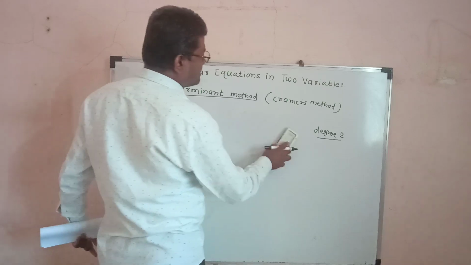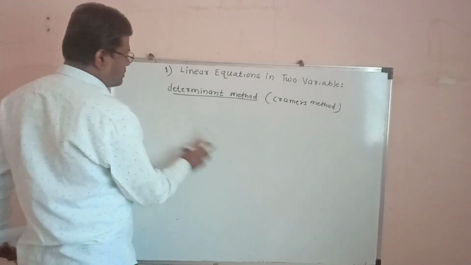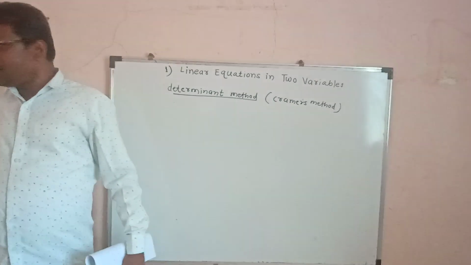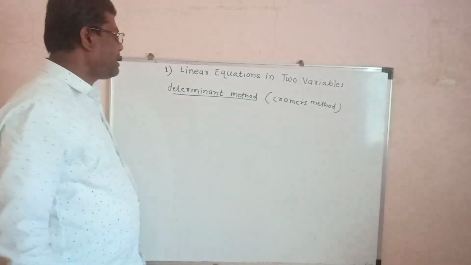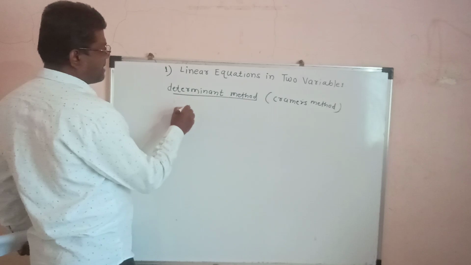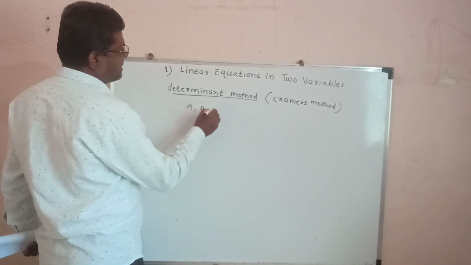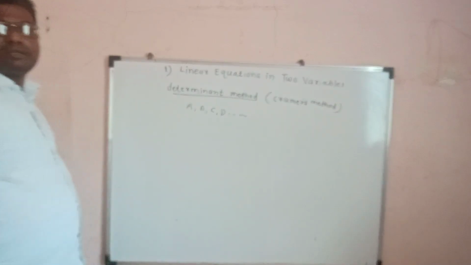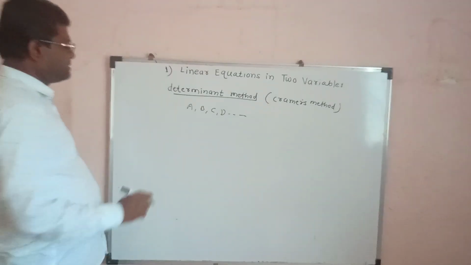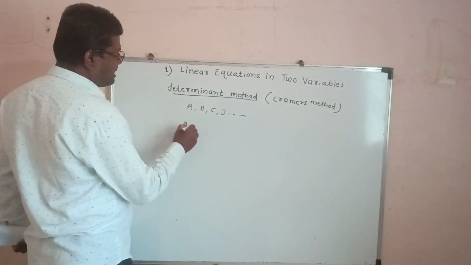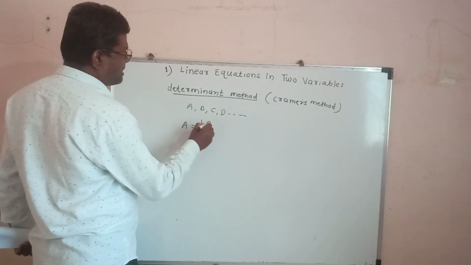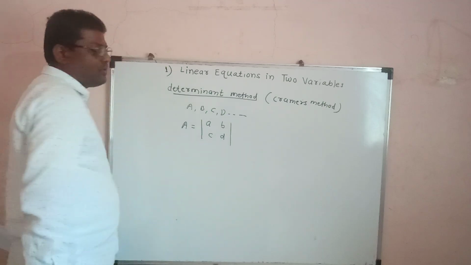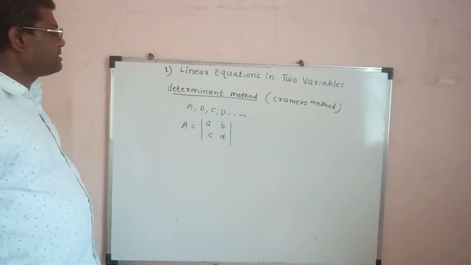Numbers inside the determinant are called elements of that determinant, and determinants are always denoted by capital letters such as A, B, C, D. Now, if A is equal to the determinant a, b, c, d, then how to solve this determinant?